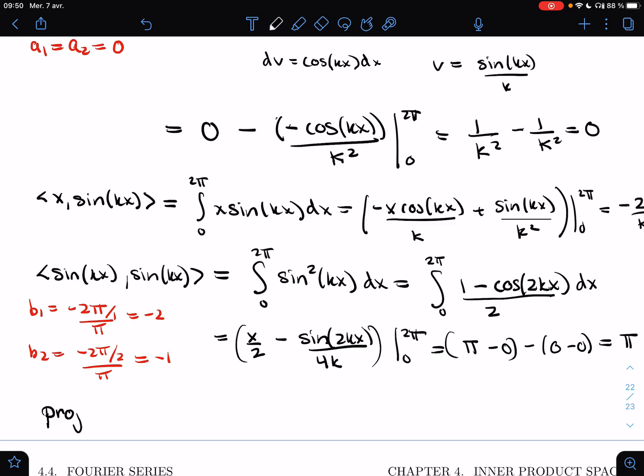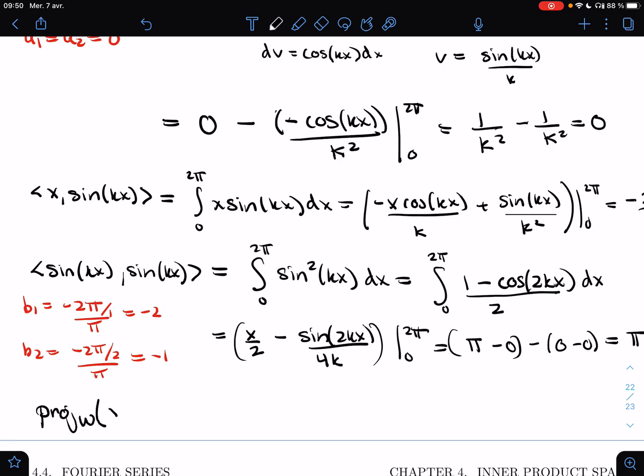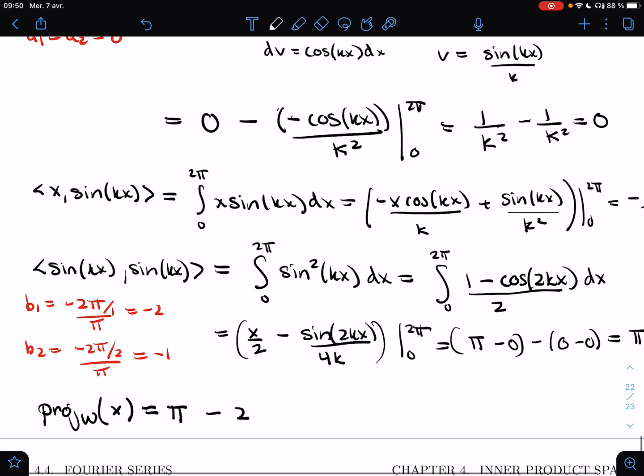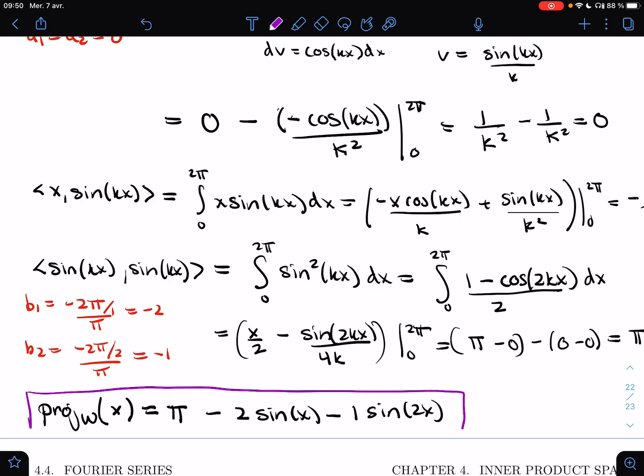The projection onto W of the function x is: A0 was pi, and then the only things that weren't 0 were the B's, so I get minus 2 sine of x, and then B2 is minus 1, so minus 1 sine 2x. So this is the trigonometric polynomial of degree 2 or less closest to the function y equals x. And that's it.